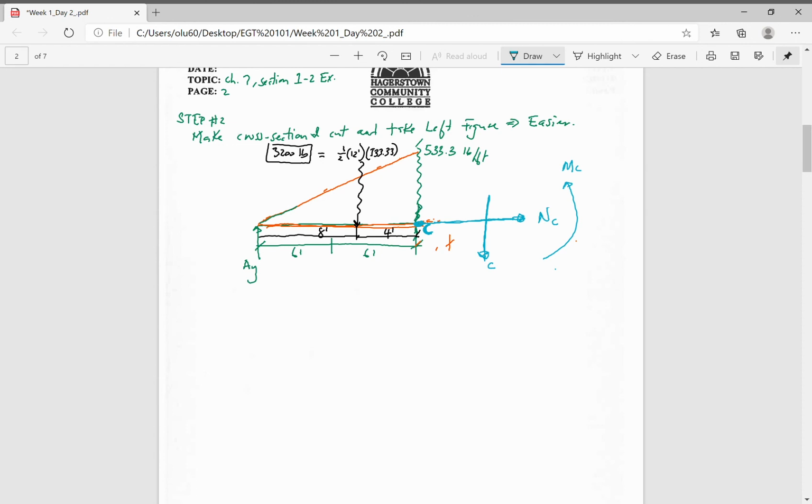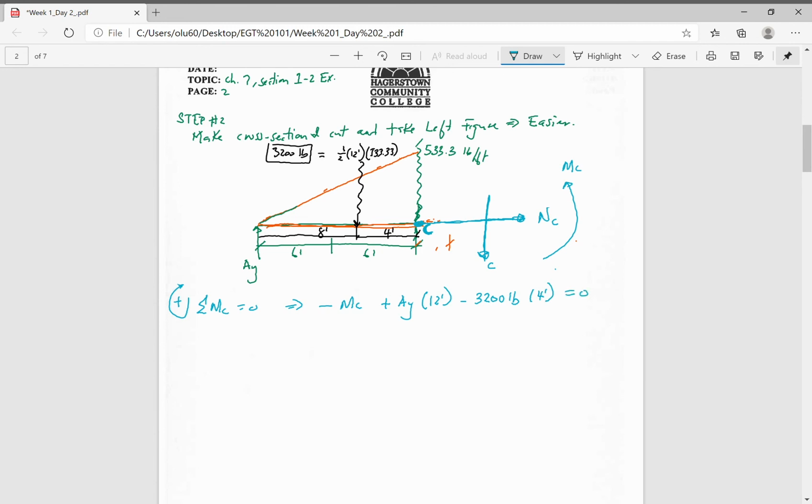So now we can take the moments about point C. That equals negative MC plus AY times 12 feet minus 3,200 pounds times 4 feet equals 0.